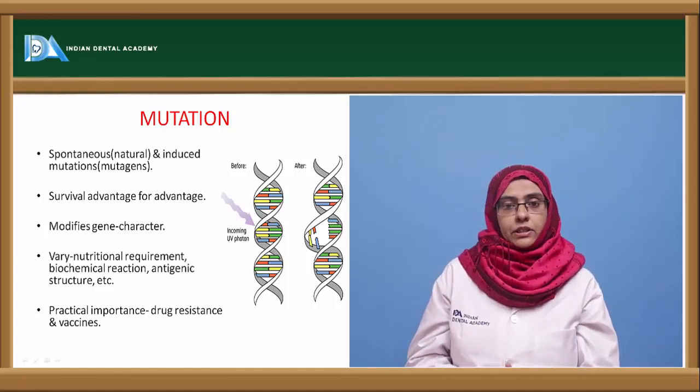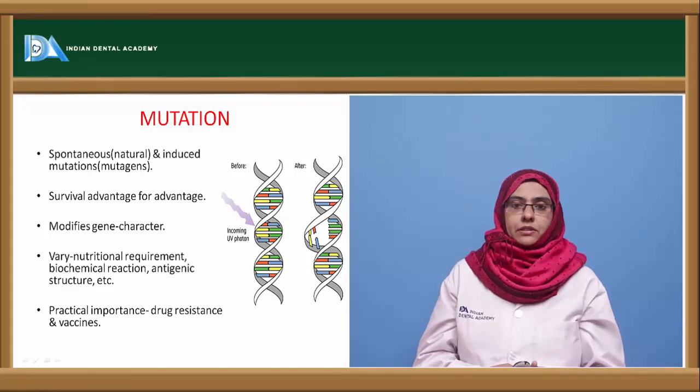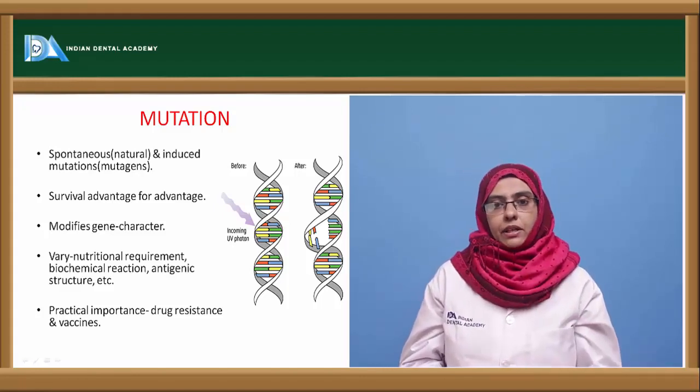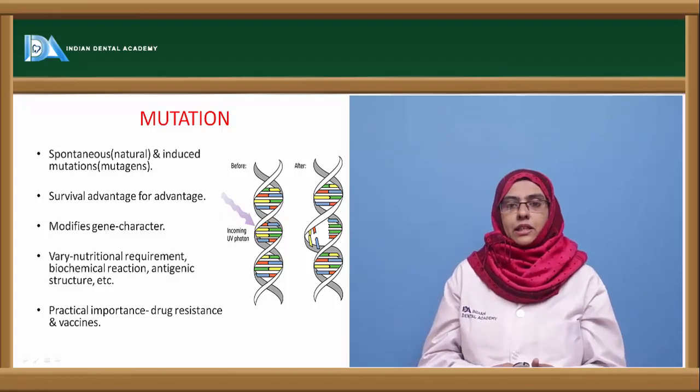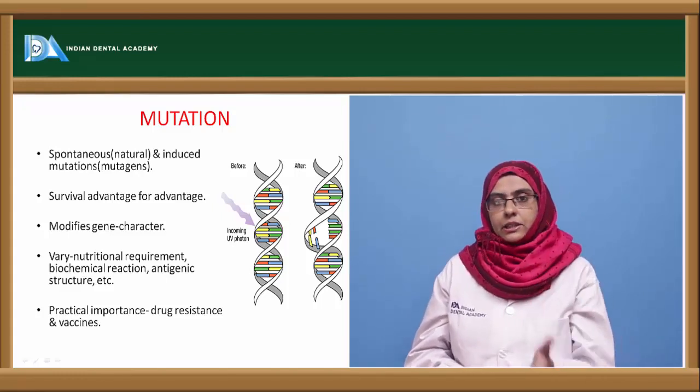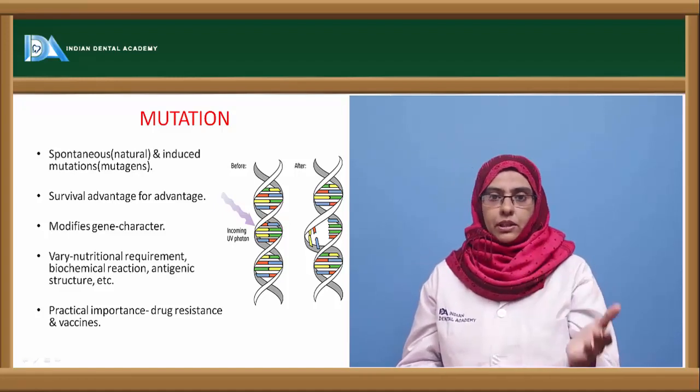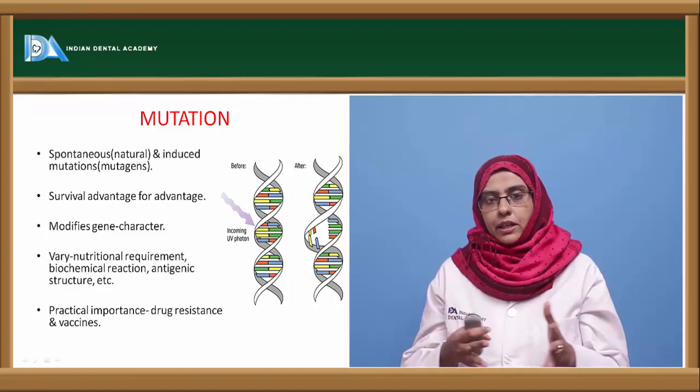And this phenomenon was initially called adaptation, that is, change in the characteristic feature of the bacteria depending upon the environmental influence. But later on it has been discarded. But it is said that these mutations usually confer certain properties to the organism to survive in the particular environment.